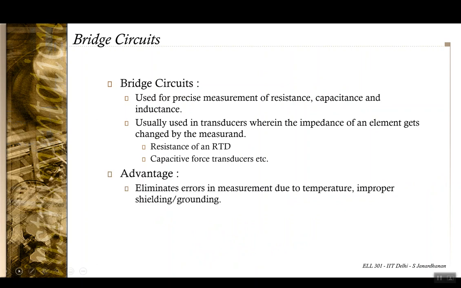One more advantage of the bridge circuit is that external effects like temperature change or improper shielding or grounding are nullified, because different components of the bridge circuit are affected by these external factors in the same manner.